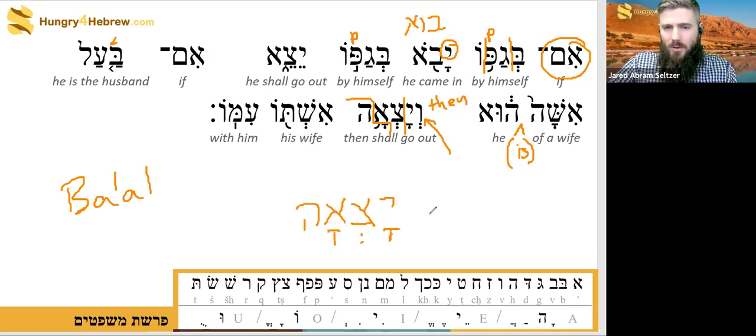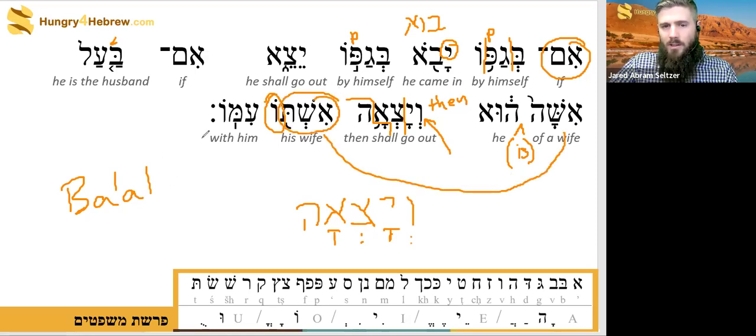She went out. By putting a reversing or conversive vav in the front, it turns it into future. Then she shall go out. That is ishto, his eshet or isha, his wife, imo. So here we get the word im with a pronominal suffix on the end, him. She shall go out with him.